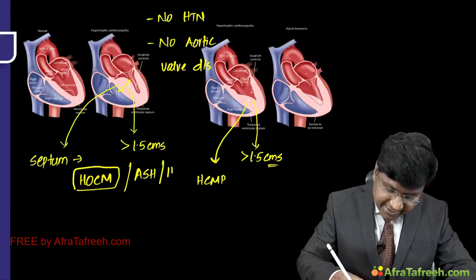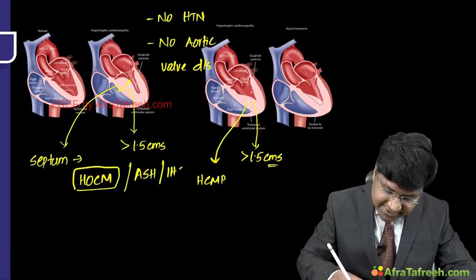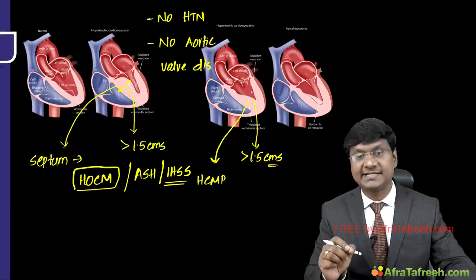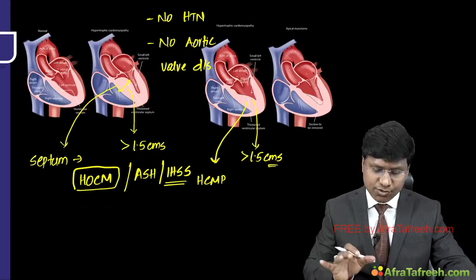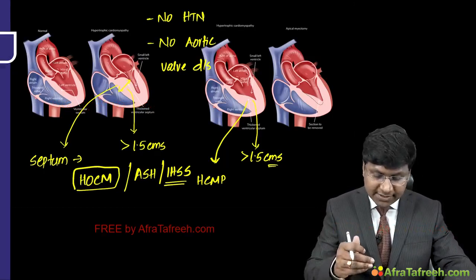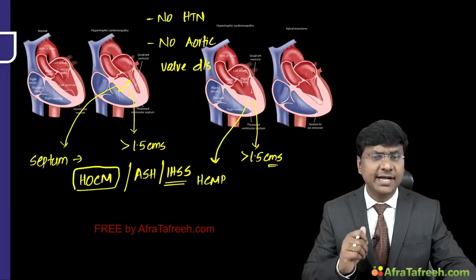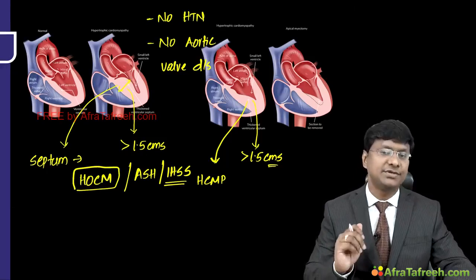Another name given is idiopathic hypertrophic subaortic stenosis, that is IHSS. The hypertrophy of the septum is present just beneath the aortic valve, which is why it is called subaortic stenosis.